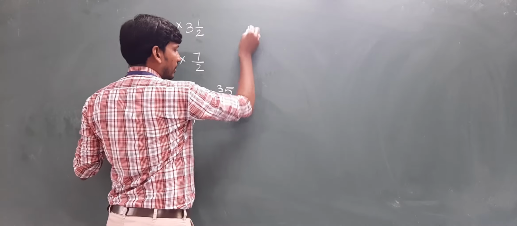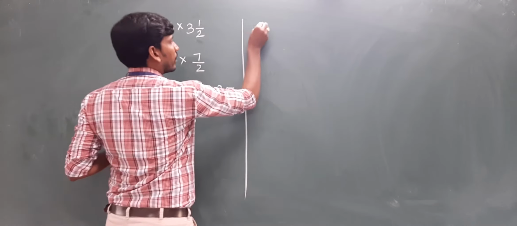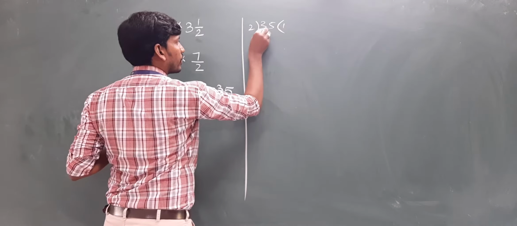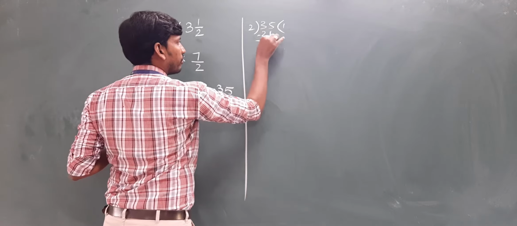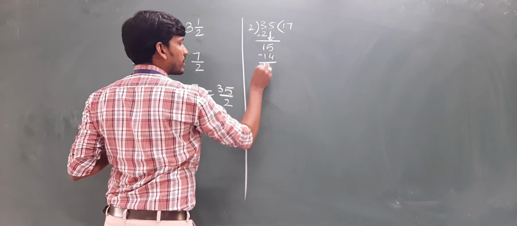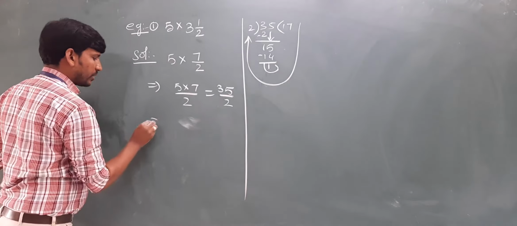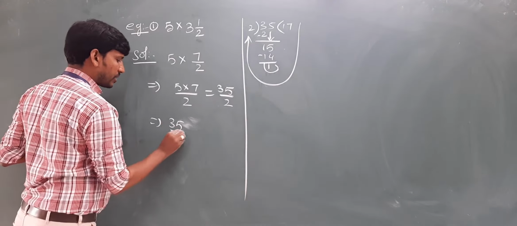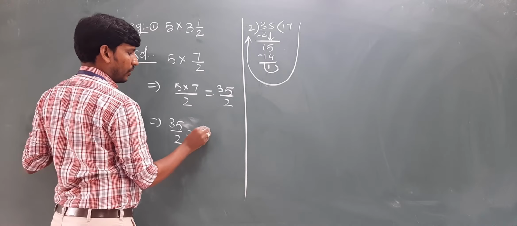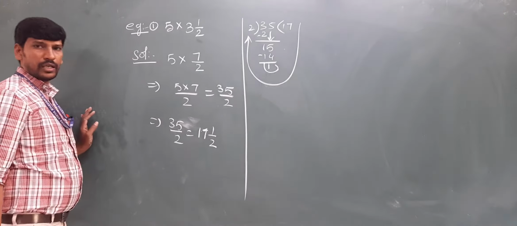See this here, I am going to do the rough column. 35 divided by 2, you will get 2 ones are 2, 1 is here, 5 comes down, 2 sevens are 14, so 1 is the remainder. Start from 17, go to the 2. So 35 by 2 is equal to 17 and what is that? 1 by 2. Clear? Is this clear, everyone?